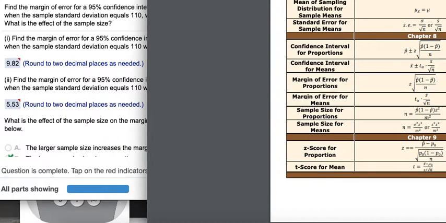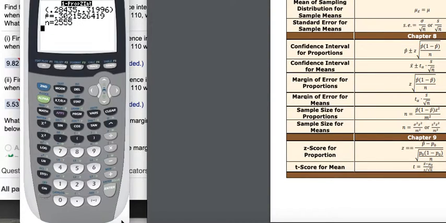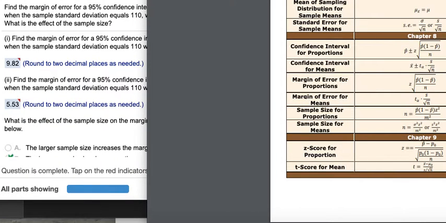Going back to our formula, we want our t-score, which we'll use as our z-score, of 1.960. Then we multiply times s and divide by the square root of n.